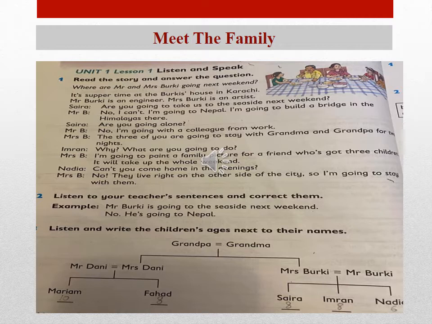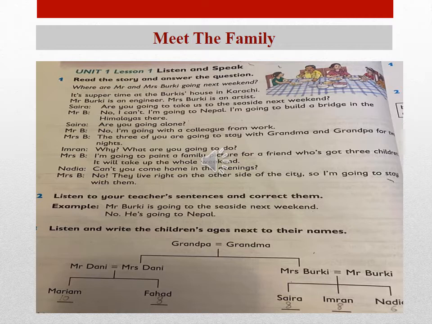So just go through this write up, and let's see question number 3. Listen and write the children's age next to the name. So can you see a family tree? Grandpa and grandma, Mr. Dani, Mrs. Dani, Mrs. Berkey, Mr. Berkey.